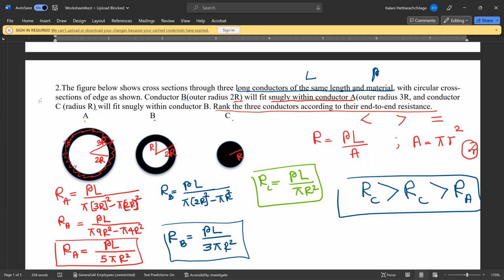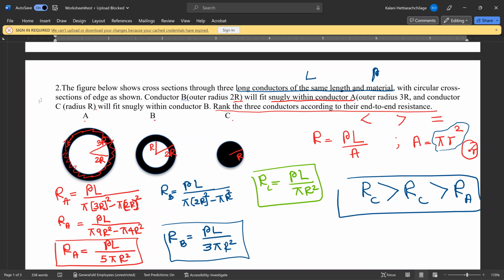Also, you can think, if you have rectangular or square shaped wires, you need to think this area is not this one when you have a different shape. This is only for a cylinder, where the cross section is circular, right? If it is square, then you know how to find the square area.